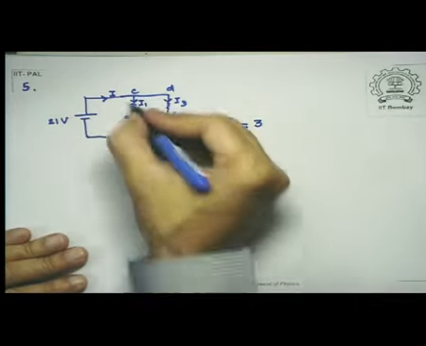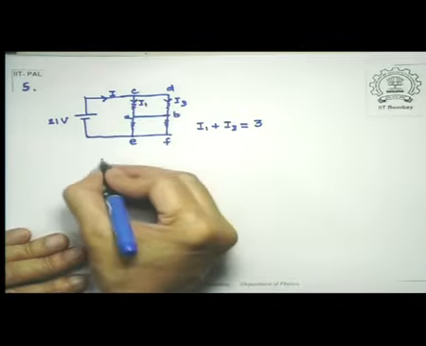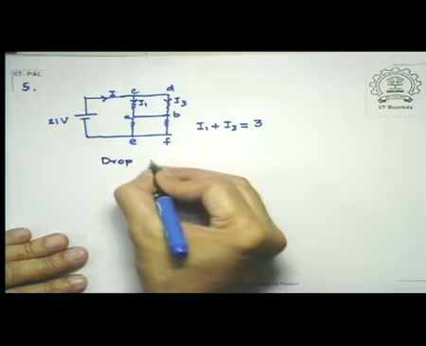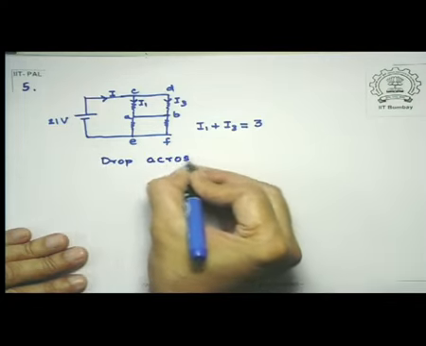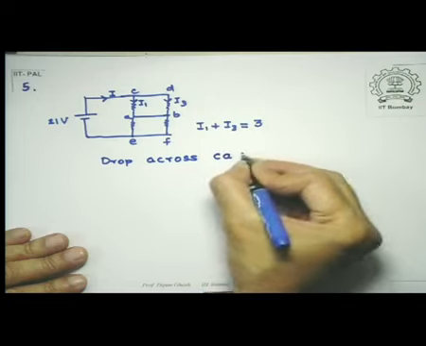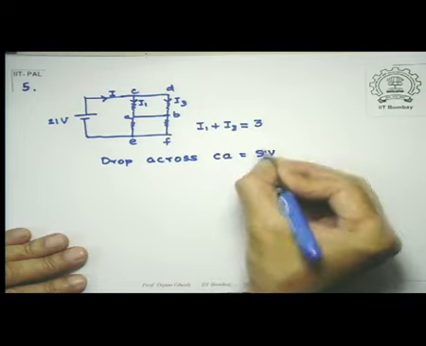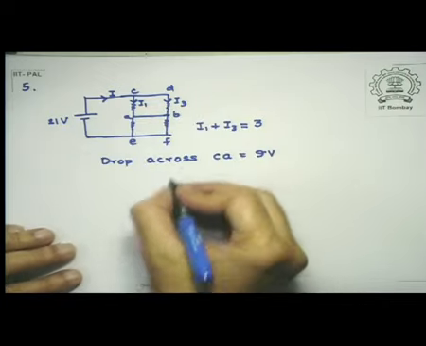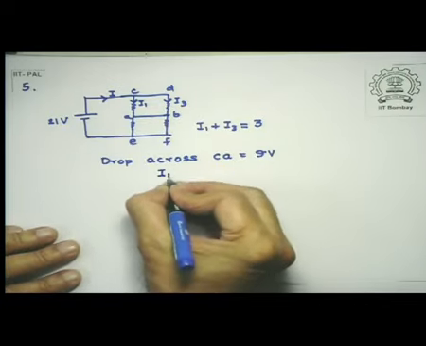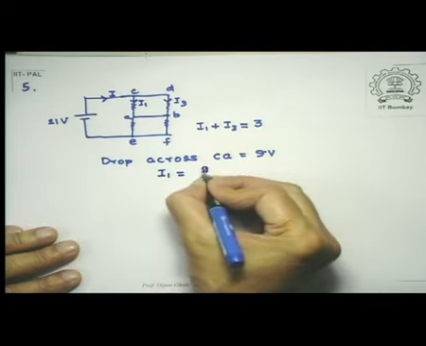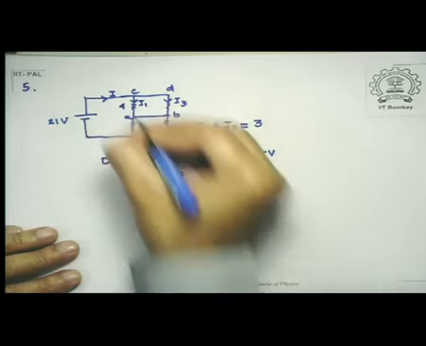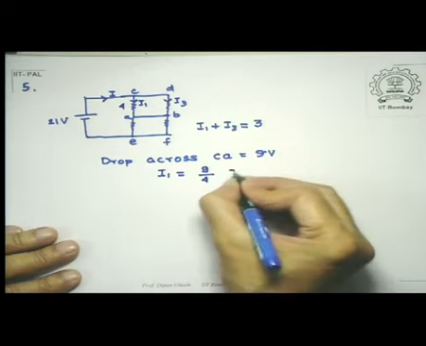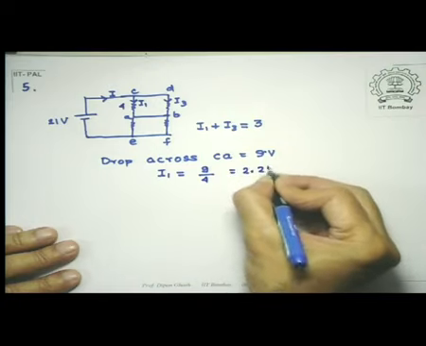And we have seen that the drop across CA is equal to 9 volts. So I can easily calculate how much is the current I1. Current I1 is obviously 9 divided by 4, this was 4 ohms, which is equal to 2.25 amperes.